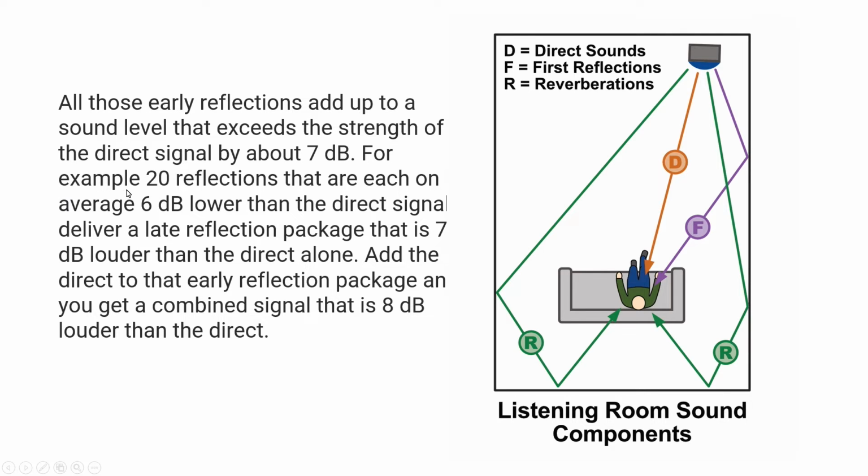For example, 20 reflections that are each on average 6 decibels lower than the direct signal deliver a late reflection package that is 7 decibels louder than the direct alone. Add the direct to the early reflection package, and you get a combined signal that is 8 decibels louder than the direct. So your speaker tolerance is down in a small room.